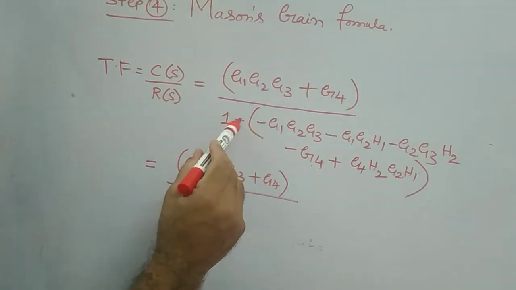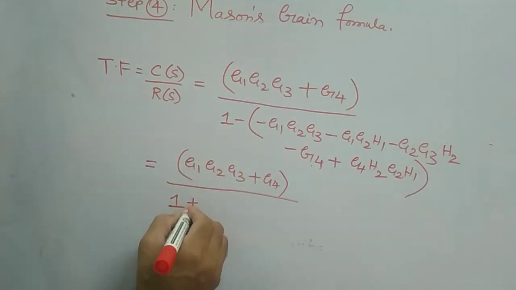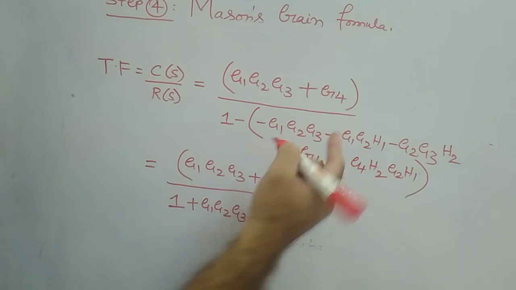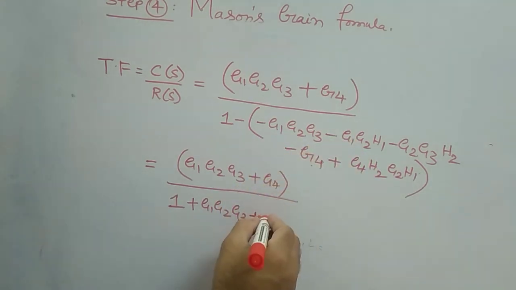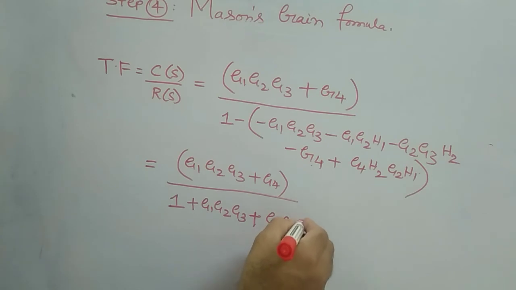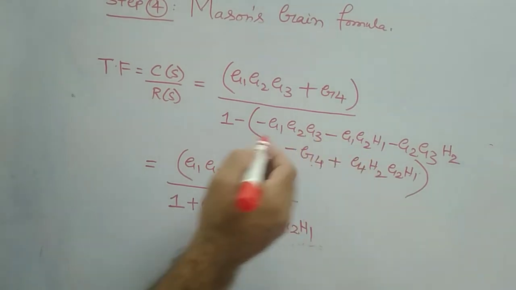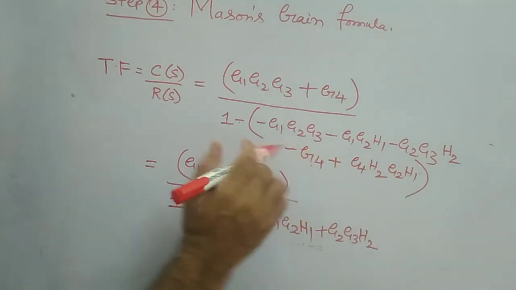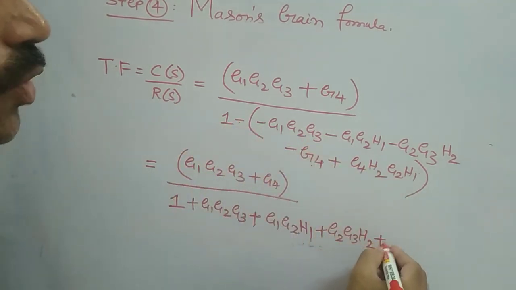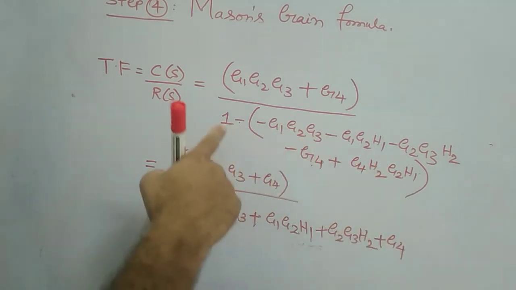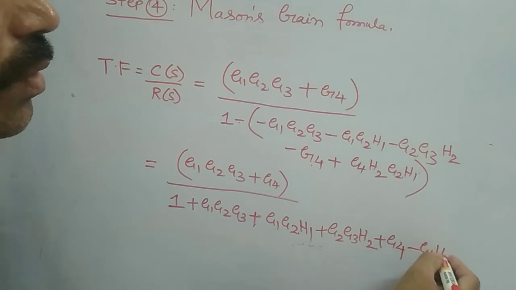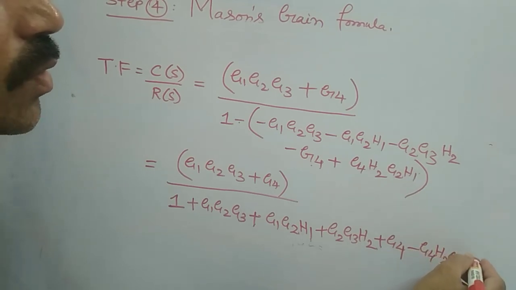So it is minus of minus, therefore it will be plus G1, G2, G3, and minus into minus plus again here, therefore you will have G1, G2, H1, then again minus of minus plus G2, G3, H2, and again minus of minus plus, means plus G4 you have, and here plus into minus it is minus G4, H2, G2, H1.